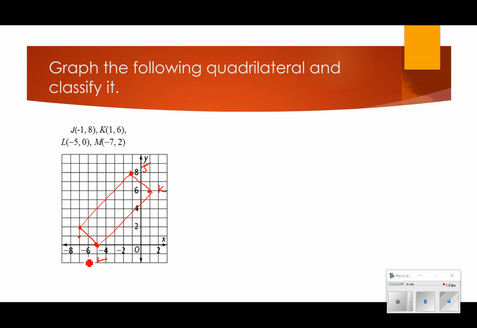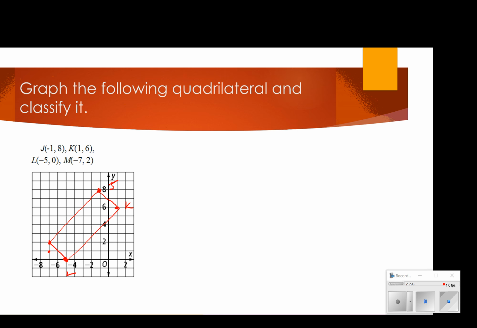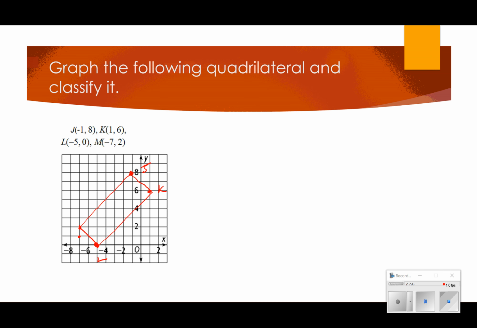Let's go with the diagonals are congruent. Or actually, let's not do that. Let's go with opposite sides are congruent. Okay, so let's go with JK. That side there is 2 and 2.